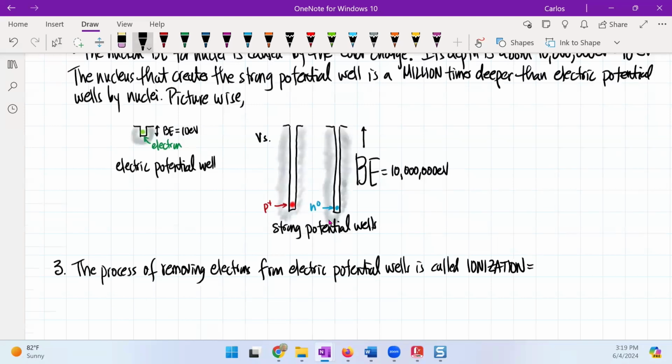And ionization is essentially the work to remove the electron.